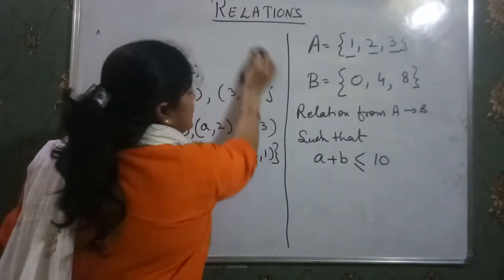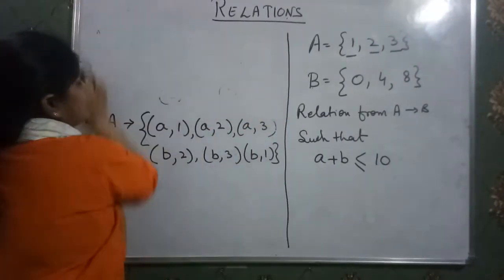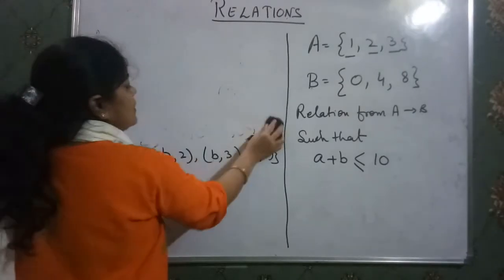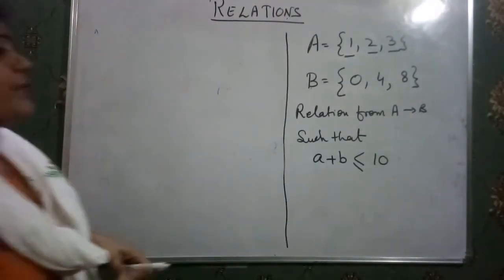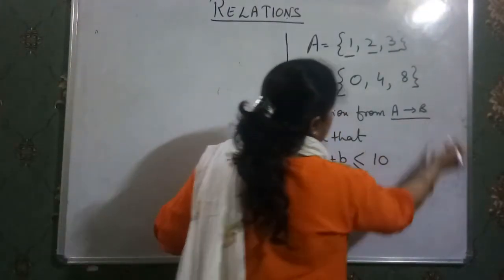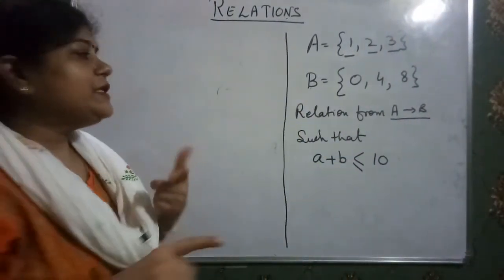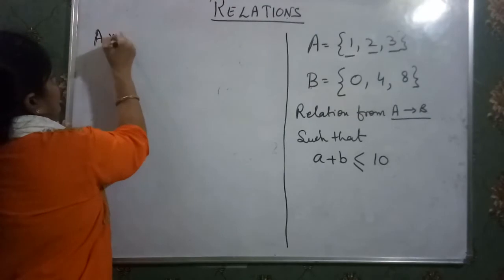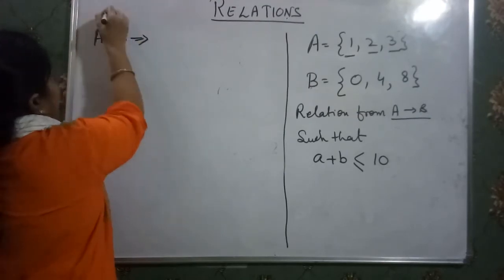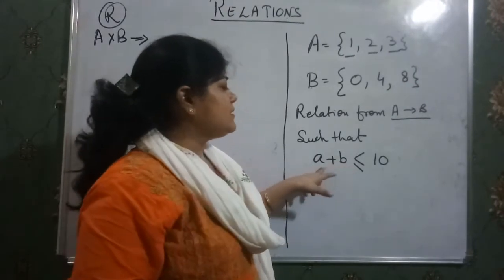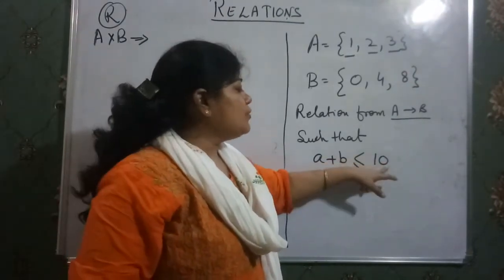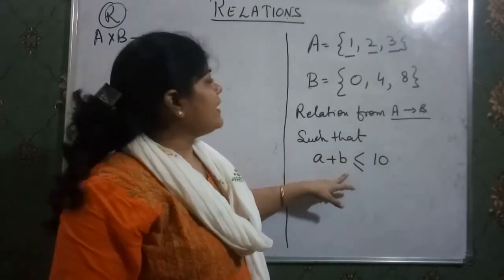There are two sets given, but a condition is also given along with the Cartesian product. So we have to find the relation from A to B. In the first place we put the value of A, and in the second place the value of B, but their sum must be either equal to 10 or less than 10.